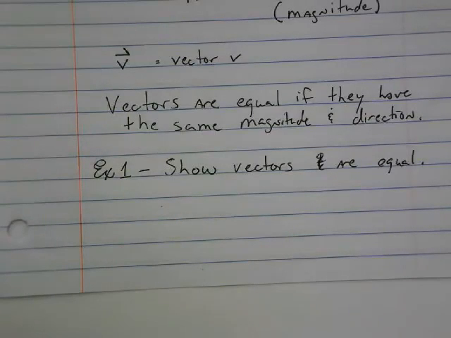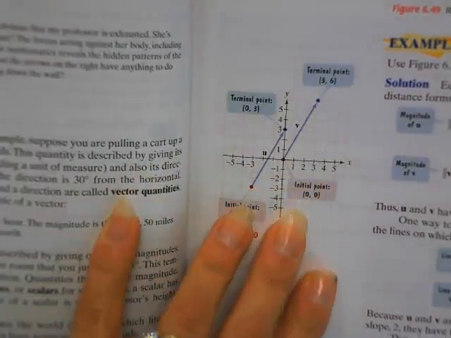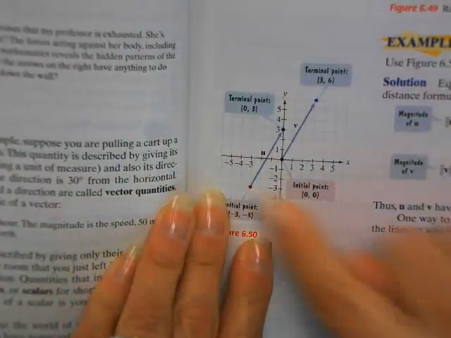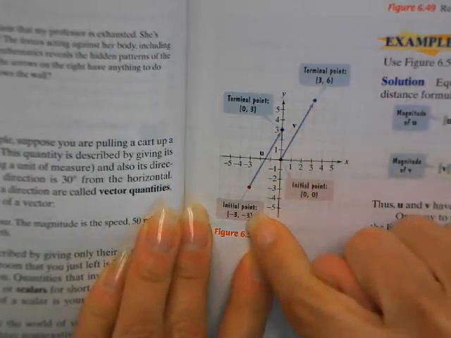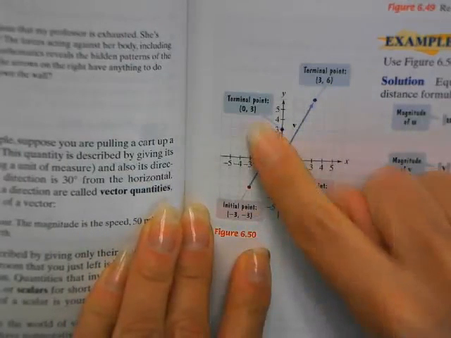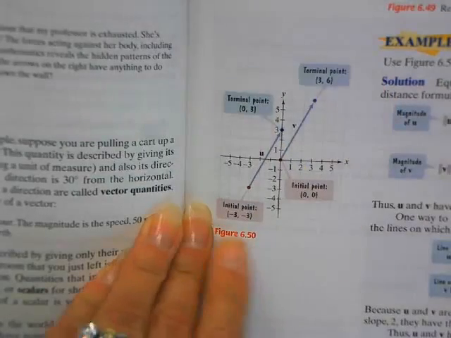Alright, sorry guys, it's page 681. So we're going to look at vector U and vector V. And they tell us the initial point and the terminal point.